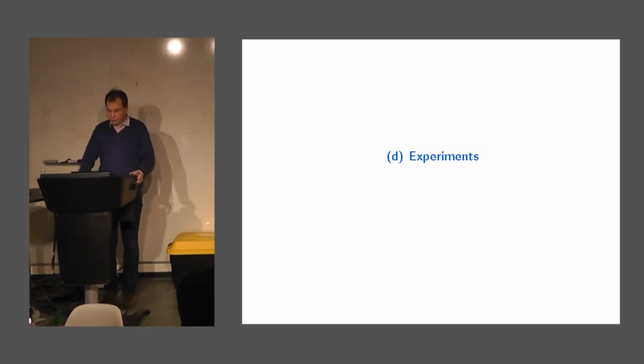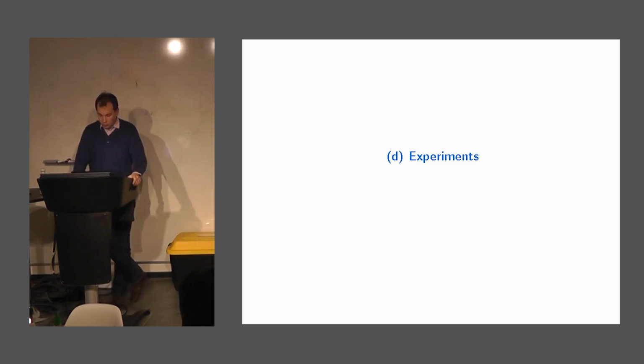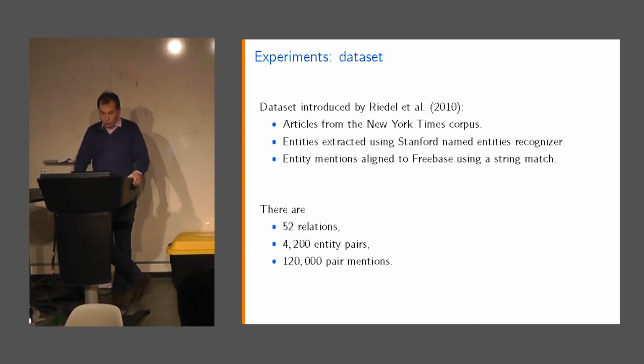So now I'll briefly present some experiments. The experiments were carried out on a dataset made of articles from the New York Times. The entities were extracted using an off-the-shelf named entity recognizer, and they were linked to Freebase using a very simple heuristic, just a string match.